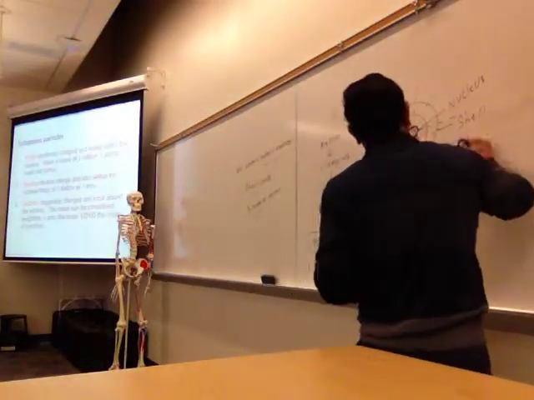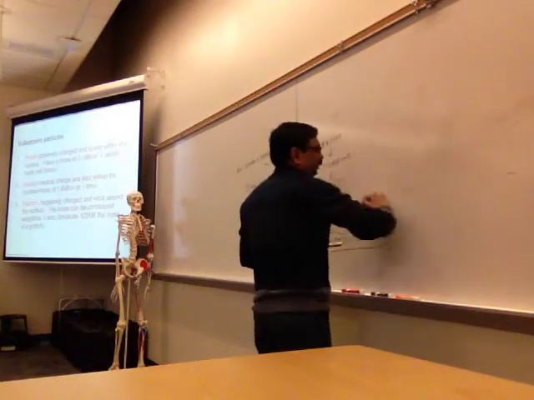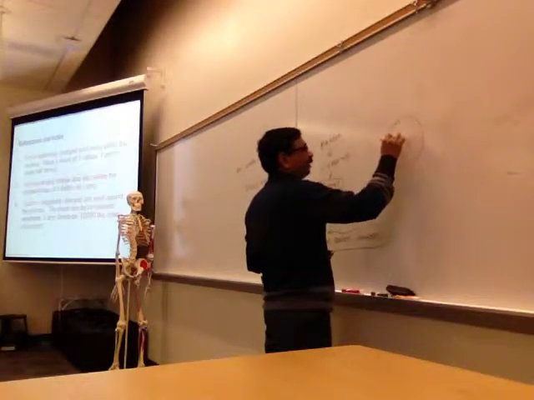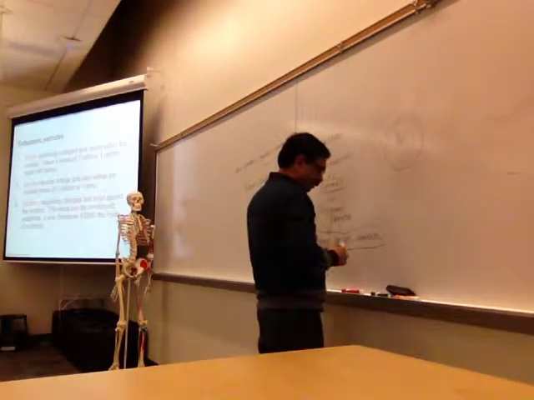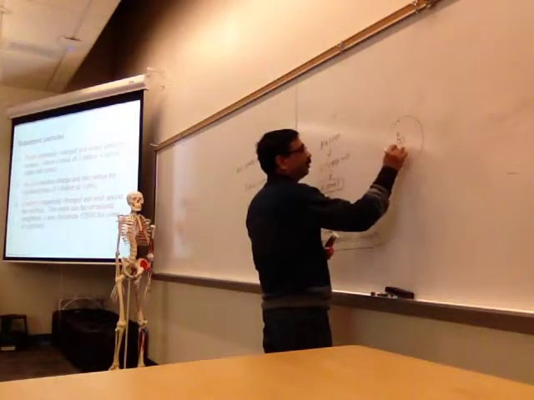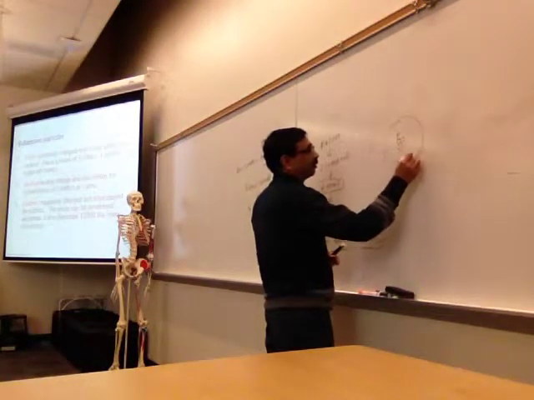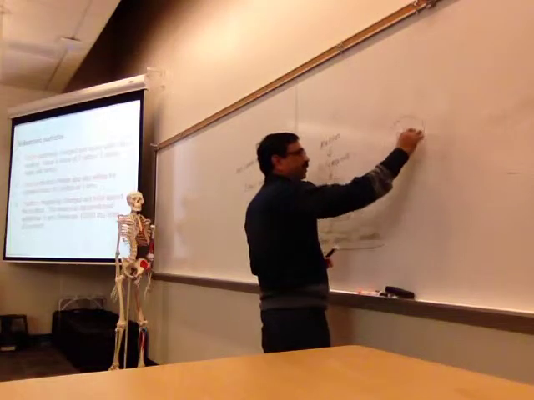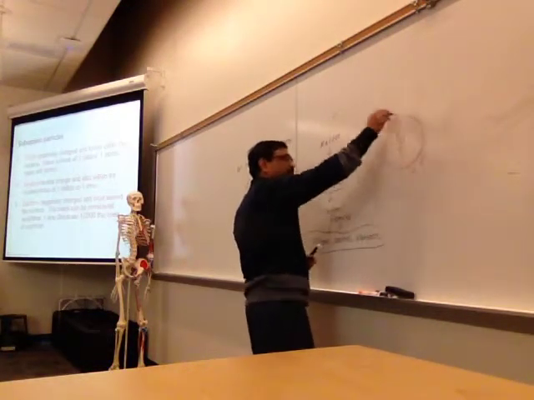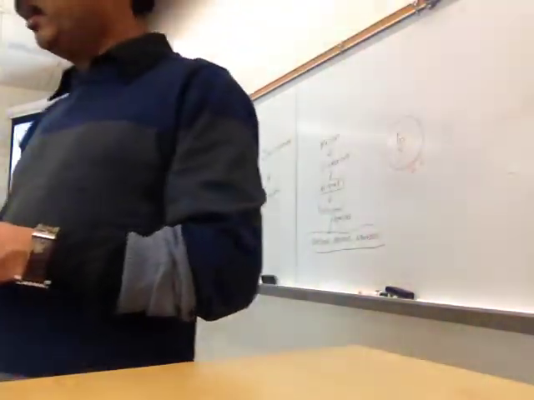Another thing that is important to know is that the protons and neutrons are stable, they don't move, but electrons orbit the nucleus. Electrons move very fast around the nucleus, in circles around the nucleus.